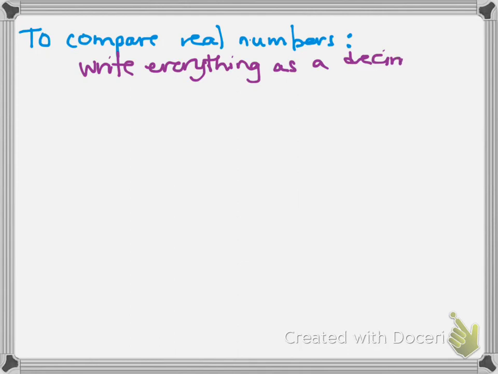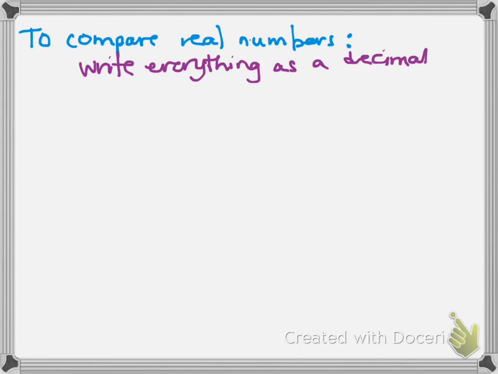Which means you have to know how to change a fraction to a decimal. You have to know how to estimate a square root to a decimal. You have to know how to take any repeating number and write it out, either expand it. I will tell you there is a question on the test that asks you to convert a repeating decimal into a fraction.